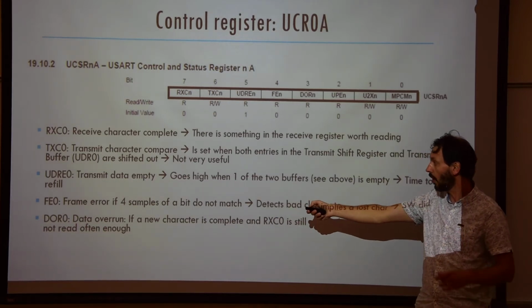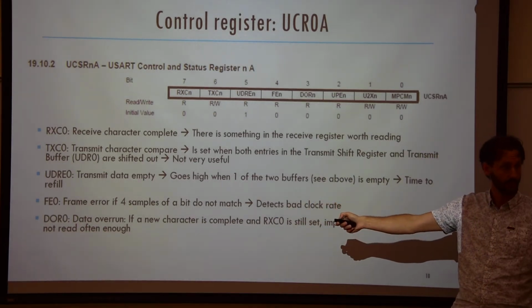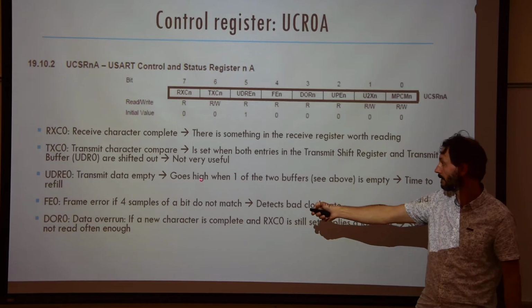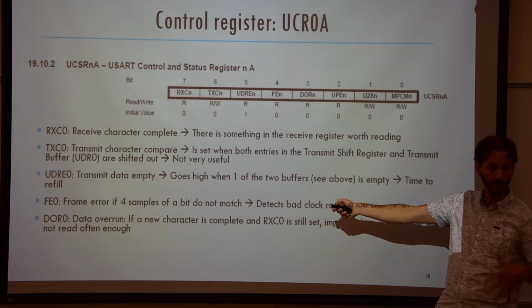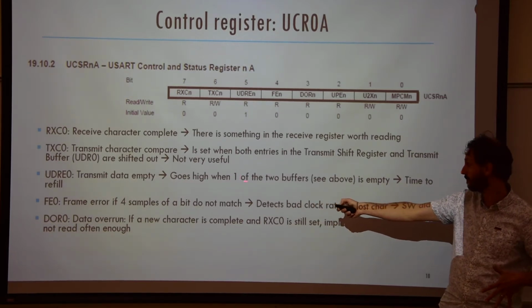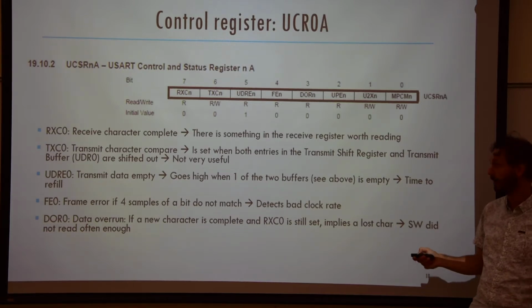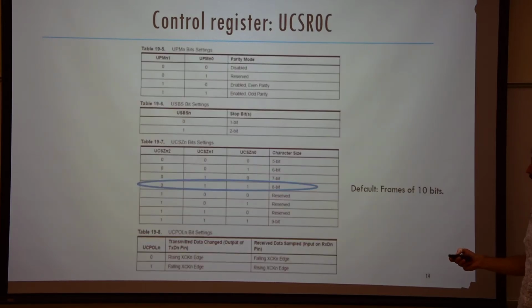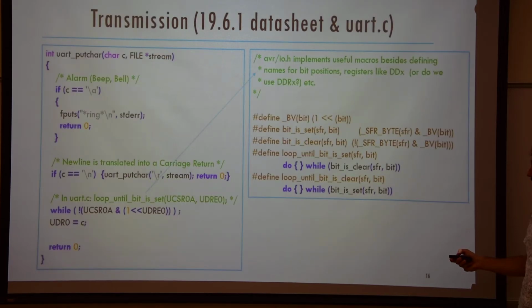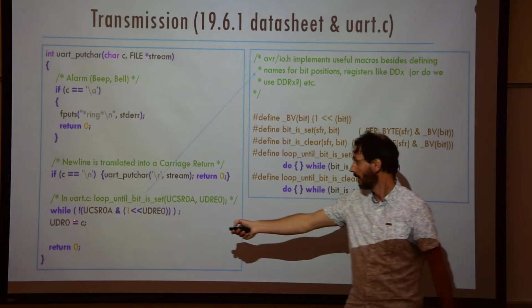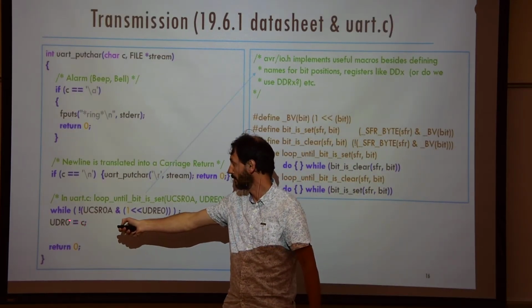So as long as it is 0, I'm stuck in a while loop. As soon as it goes high, I'm getting out of the while loop. And what does it mean? It means that one of the two buffers is empty and it's time to refill it. So there is space in my transmission buffer, and that's cool because now I can effectively write my character to the buffer.